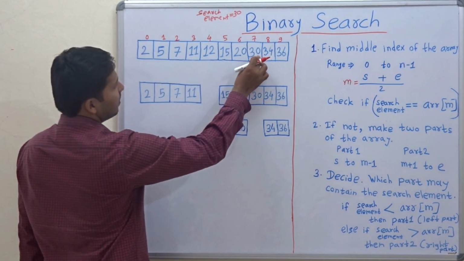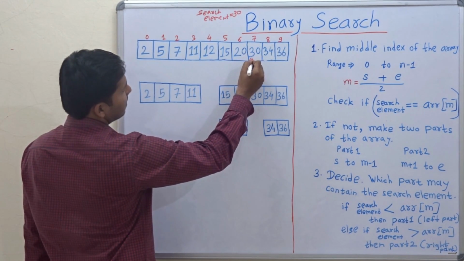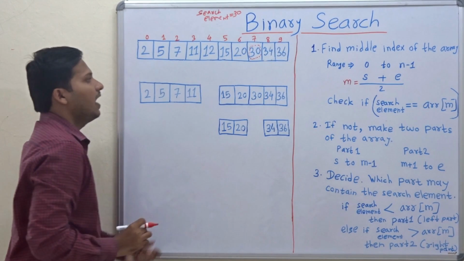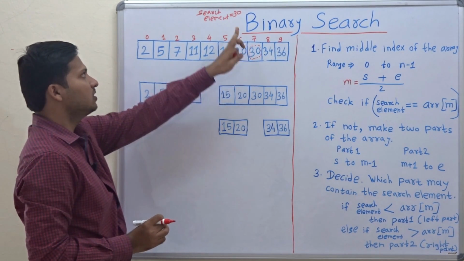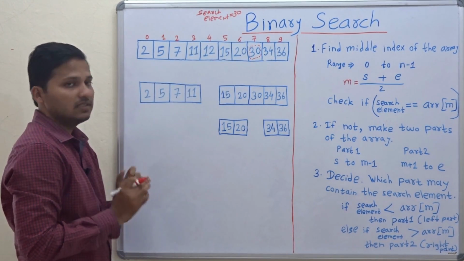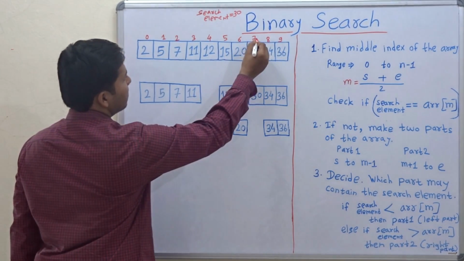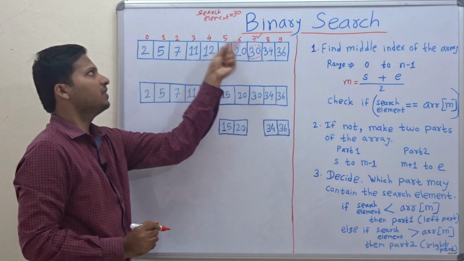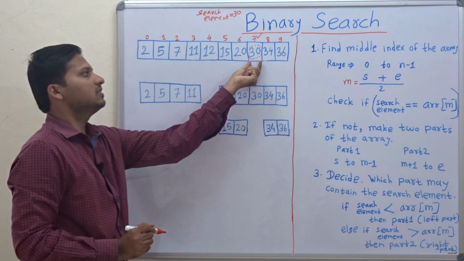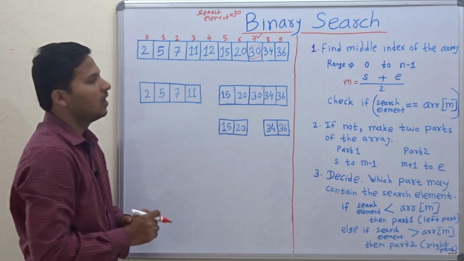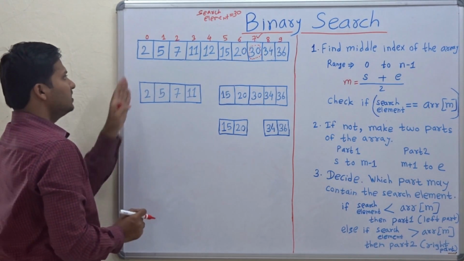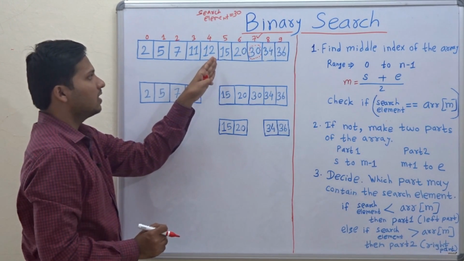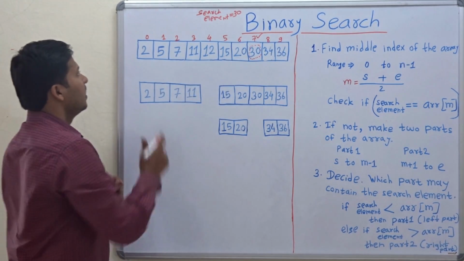And when you come to the 7th index, you will see there is 30 and 30 will match your search element, that is 30, and you will return index 7 as the index of the search element inside this array.